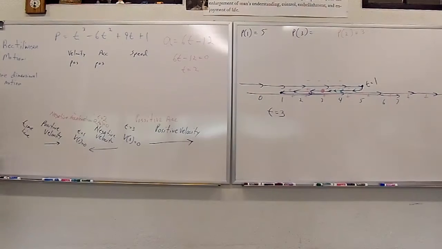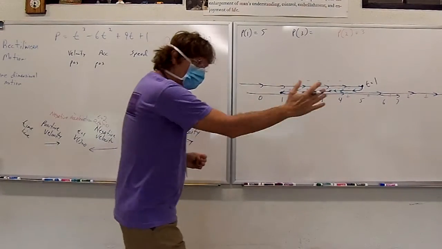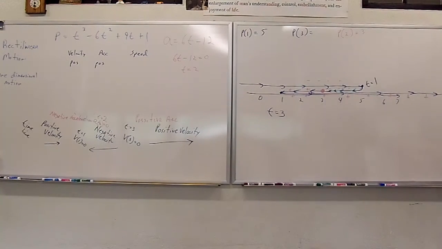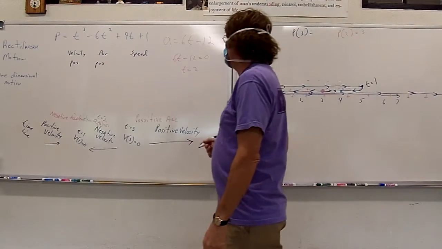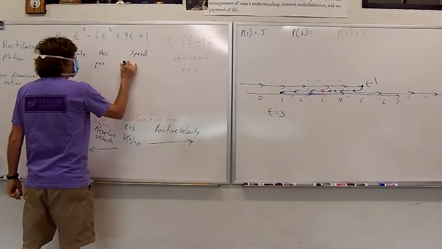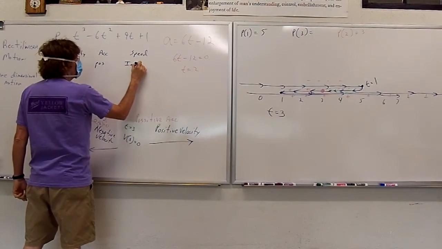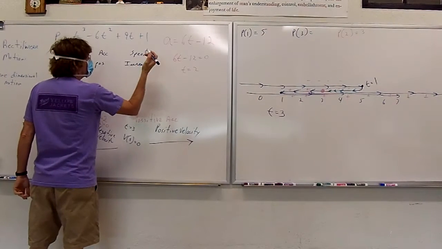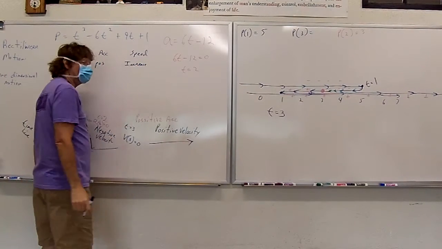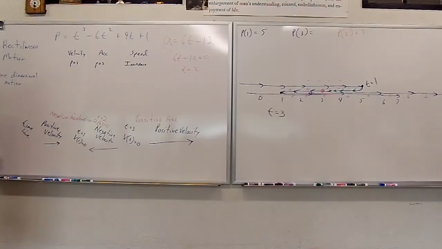Because I'm going positive velocity and a positive acceleration, it's making me speed up. So the speed will increase. And I'm going to stay in the positive direction. Do I have to write positive direction there? Because you already know it's got to be in the what? Positive direction because of the velocity.